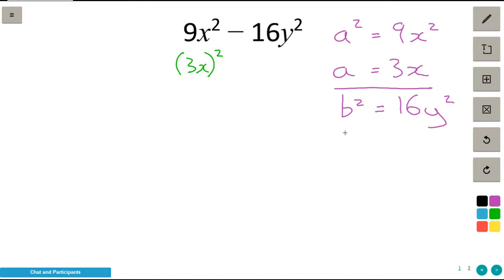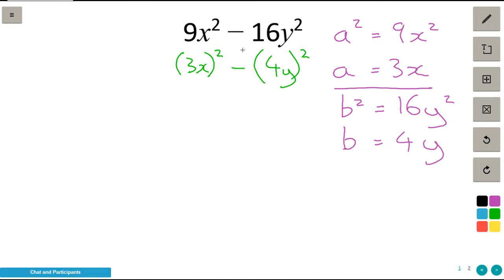And then if we square root that, we've got b on this side is equal to the square root of 16, which is 4, and the square root of y squared, which is just y. So again, going back into this form here, we're saying we've got 3x squared minus 4y squared.